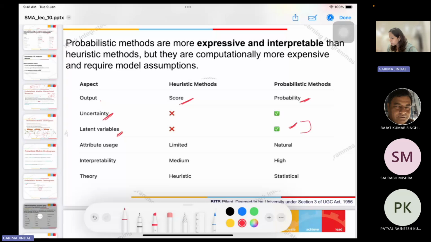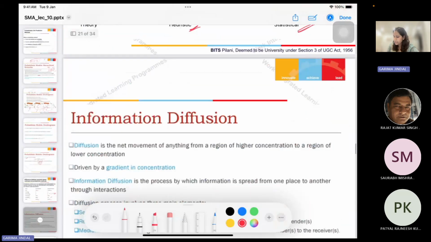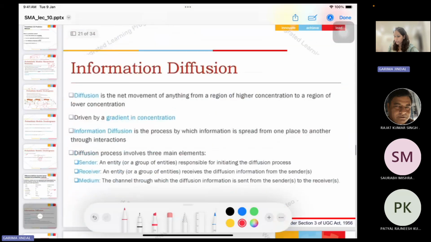If you want, you can research a little more on this point: how, using these probabilities, you can predict the value of the attributes. Interpretability we have already covered, and this is based on heuristic, this is based on the statistical method. So these were the differences between the methods.